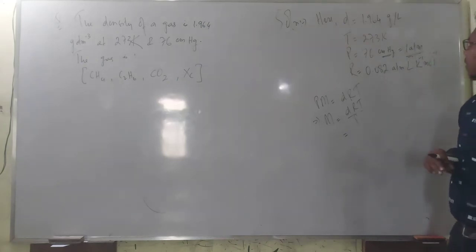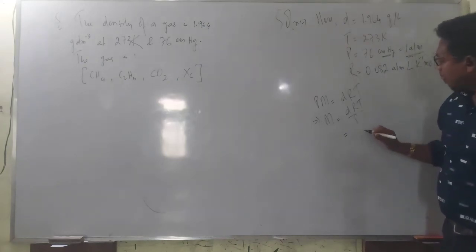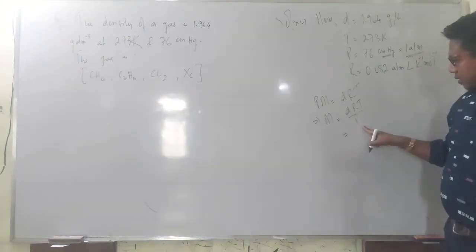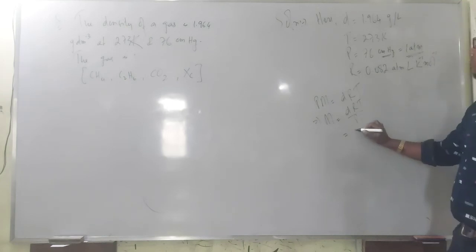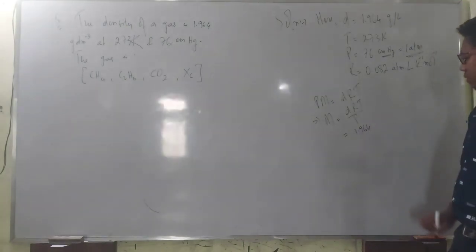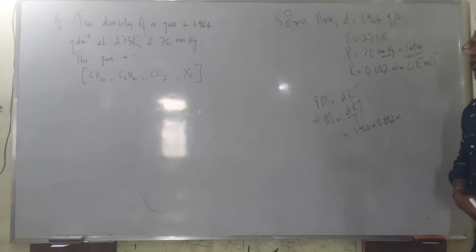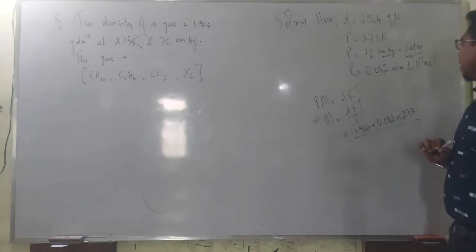Now this is DRT upon what, P. D is 1.964 into R value is 0.082. Temperature is what? 273 divided by what?